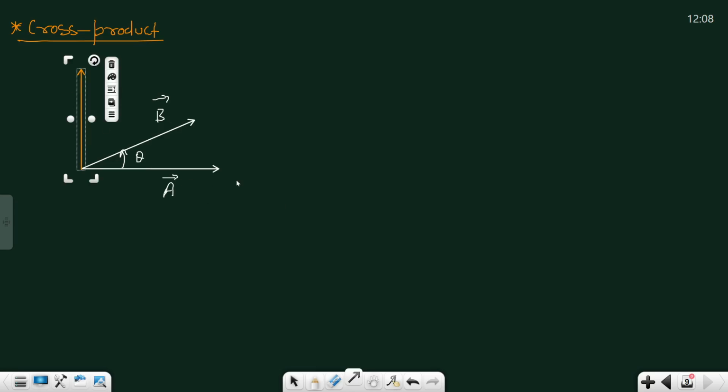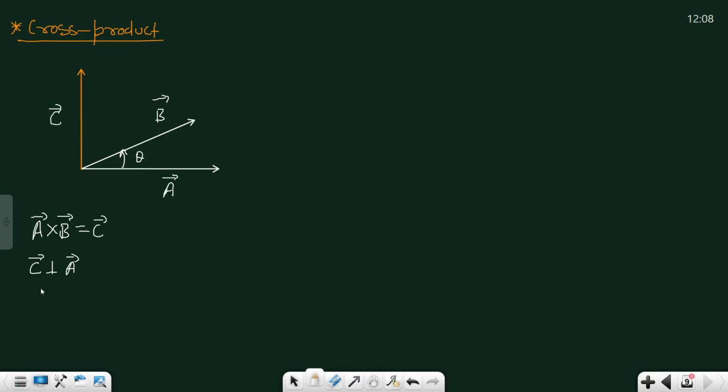So when you go for A cross B, you will get a new vector, that is C vector, and this C vector will be perpendicular to both A vector as well as B vector. Clear?